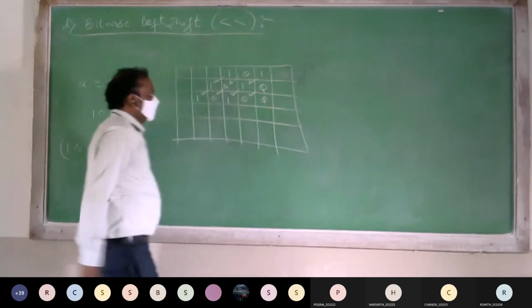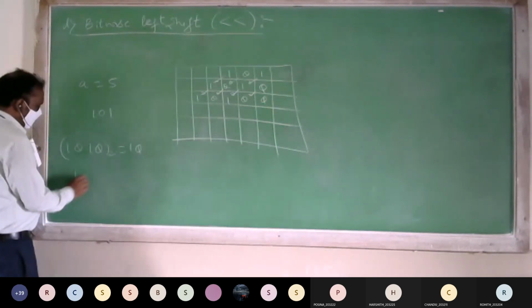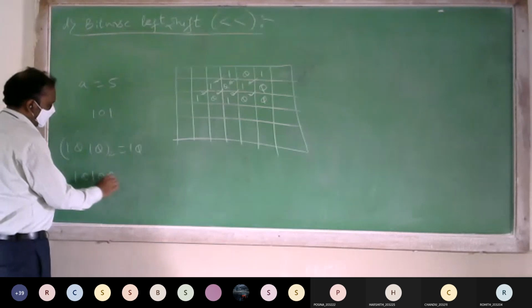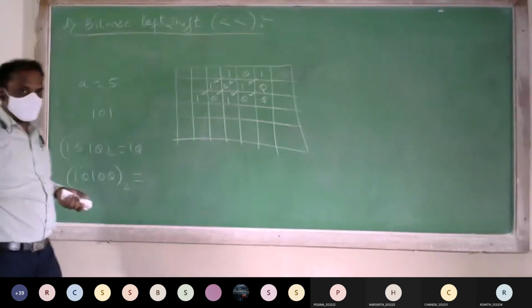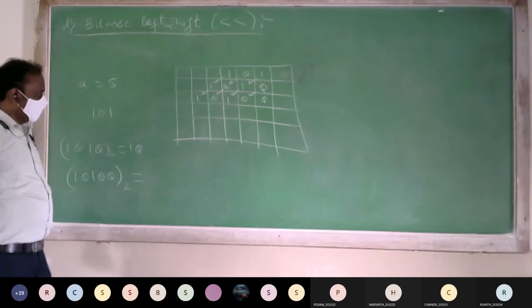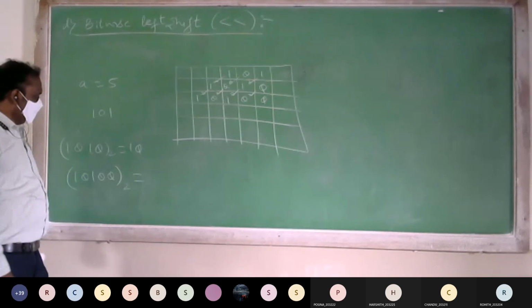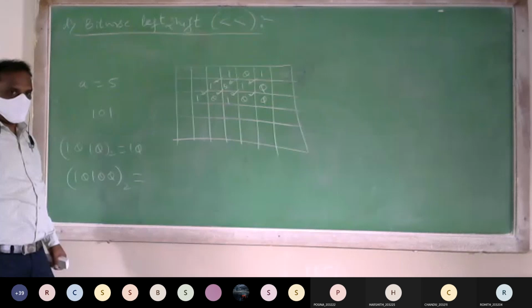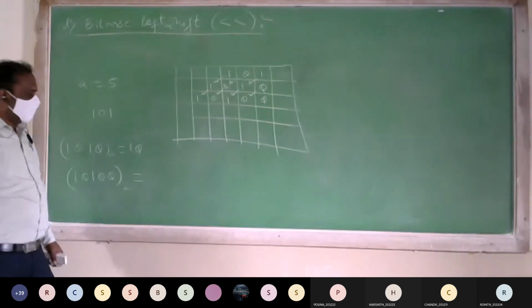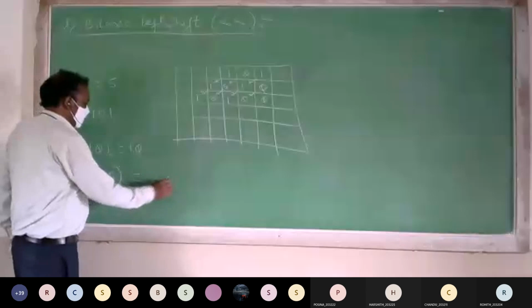Nothing is there means 0. That means we have got 10100. This is the binary. What is the decimal value for 10100? Yes, it is 20, not 18.